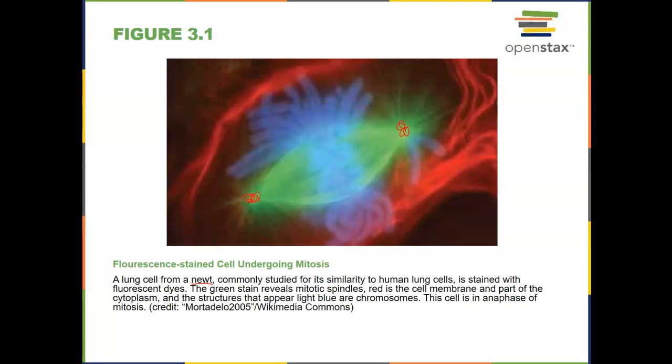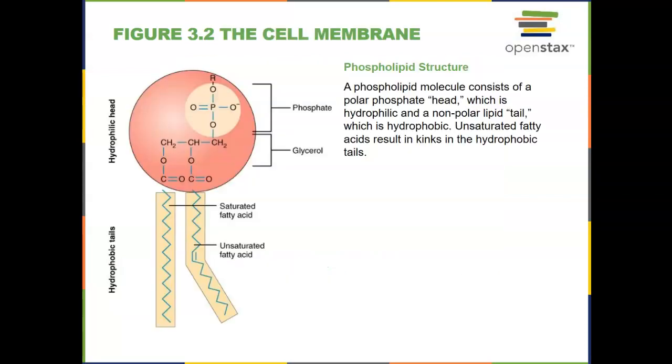The red is the cell membrane, right over here. So this is probably a lipophilic dye that emits red. It also picks up part of the cytoplasm. I would guess that this dye is staining the inside and the outside of the cell membrane. So this cell is in anaphase of mitosis. It looks like it's just going into anaphase, just leaving metaphase. We'll get to that later.